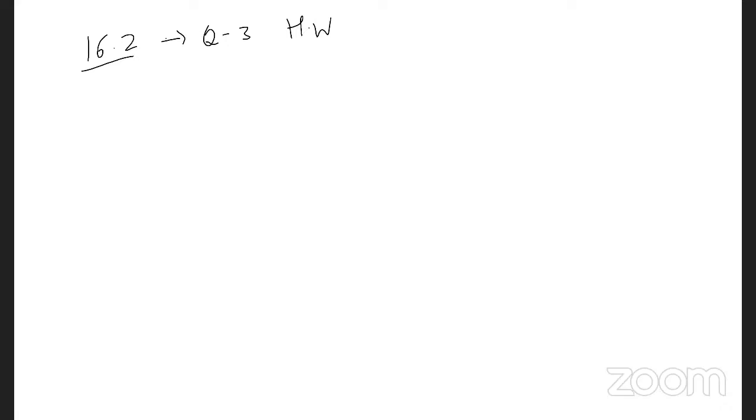Then see how many are more than half. I have 1, 2, 3, 4, 5. 5 are there which are more than half. So do 5 into 1. Do 9 plus 5 into 1 plus 5 into 0, and then solve it.